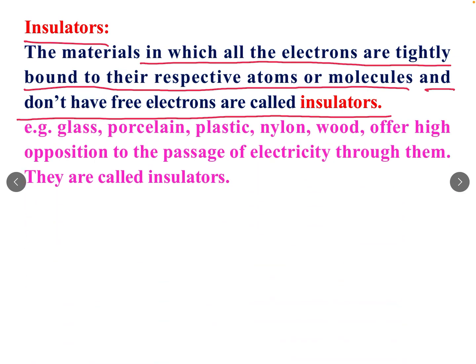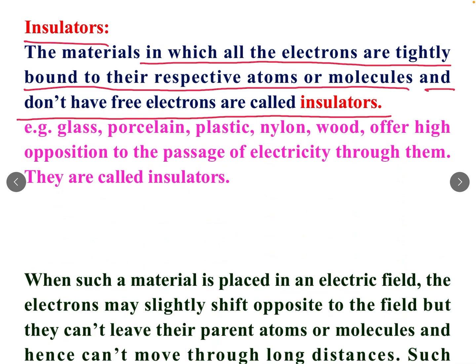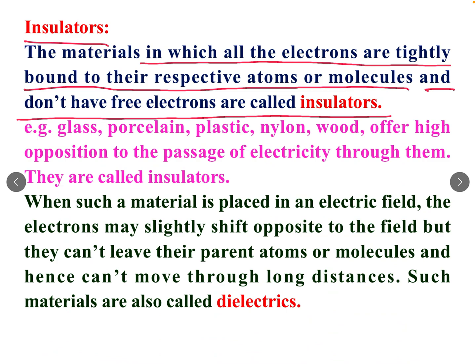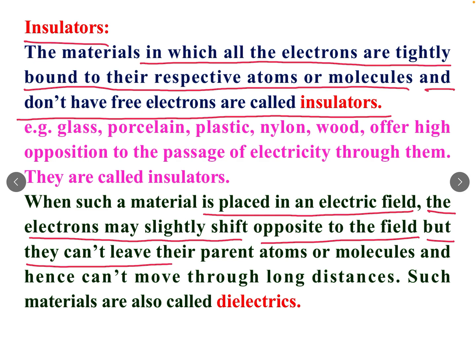Example: glass, porcelain, plastic, nylon, wood offer high opposition to the passage of electricity through them, so they are called insulators. When such a material is placed in an electric field, the electrons may slightly shift opposite to the field, but they cannot leave their parent atoms or molecules and hence cannot move through long distances.